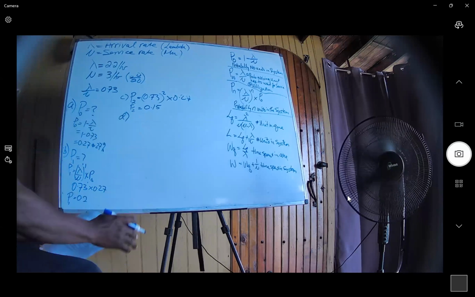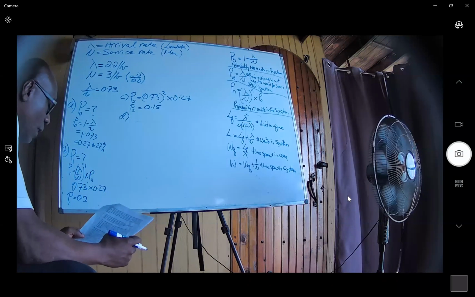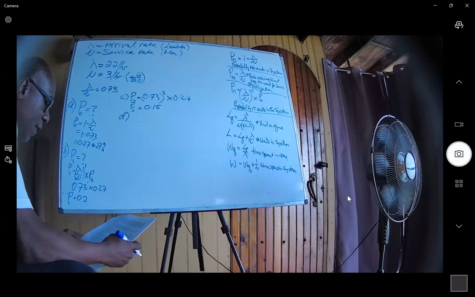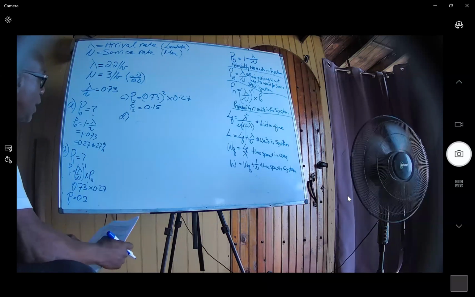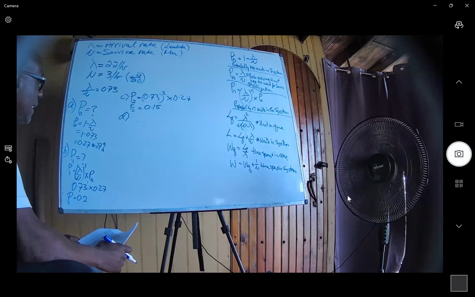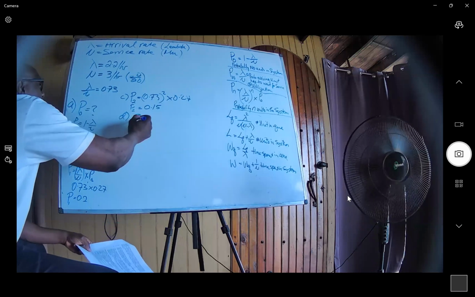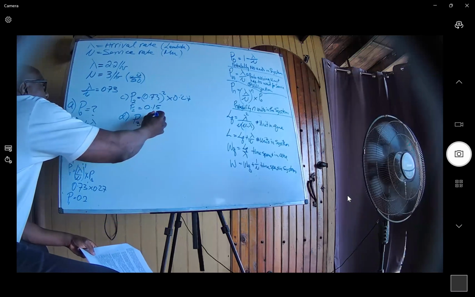D says, what's the probability of one customer receiving a haircut and two customers waiting? What are we trying to find? Probability of 3, P3. Yeah, that's what we're trying to find.